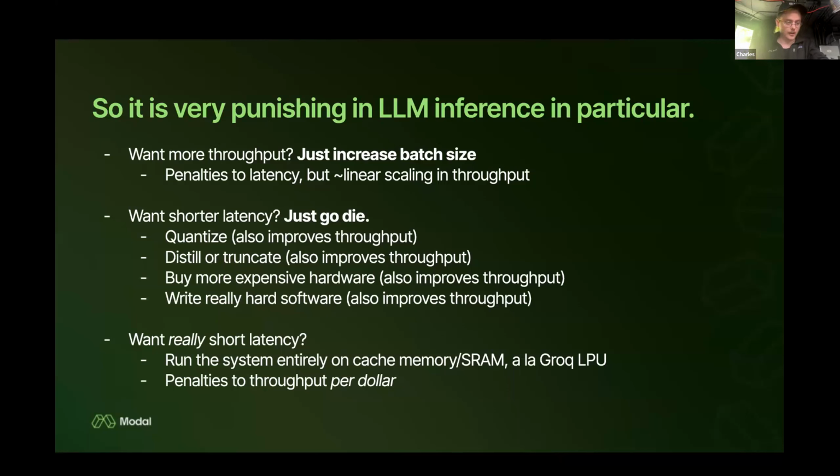So if you check out, there's a great SemiAnalysis post estimating the throughput per dollar of something like Groq versus a more traditional NVIDIA many-H100s approach to serving LLMs at scale.